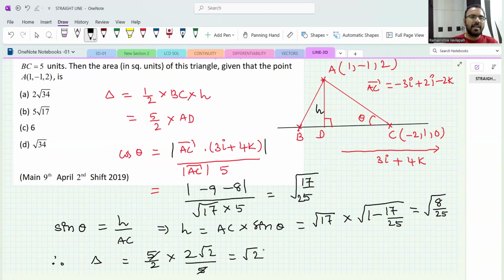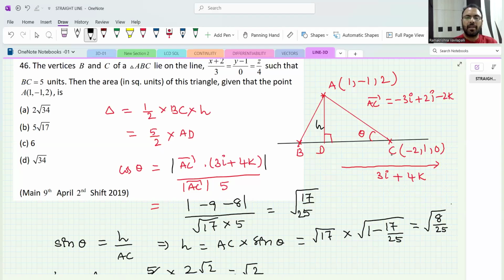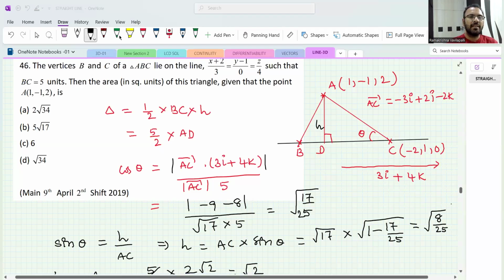So definitely I did a mistake. I will see. Okay, well, I am changing here. This is not the point C, remember. This is the point where the line passes through. I will remove this.